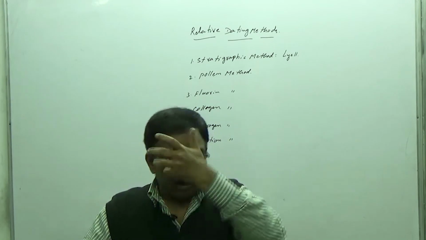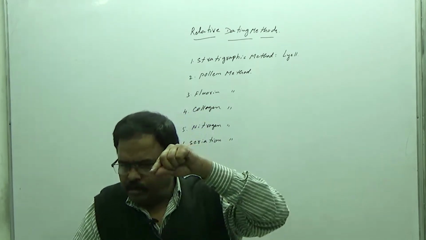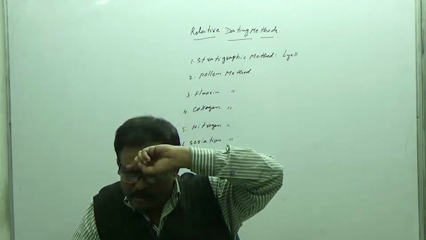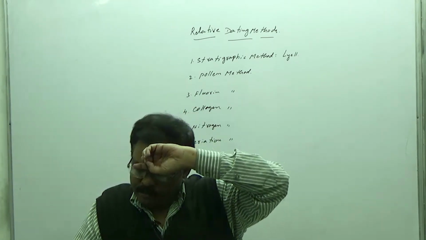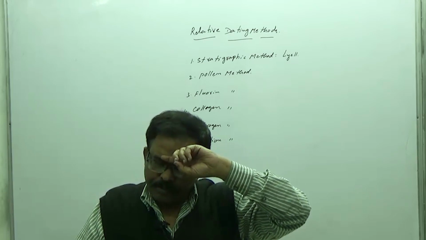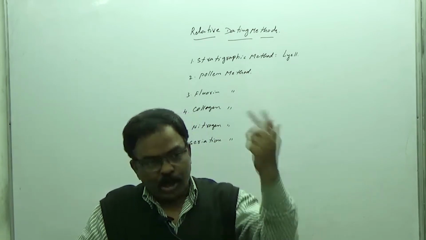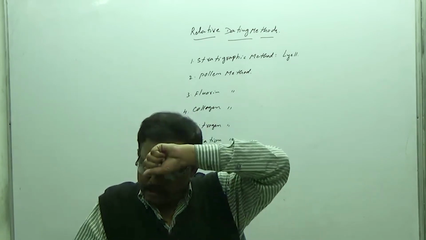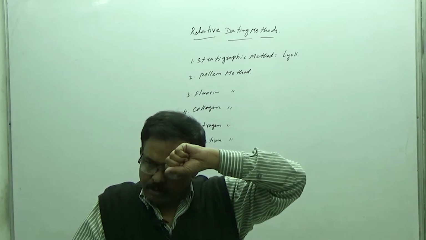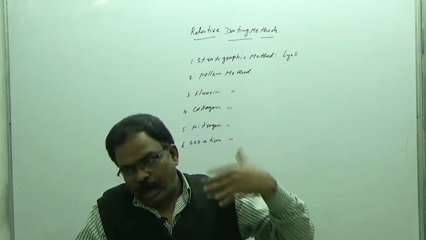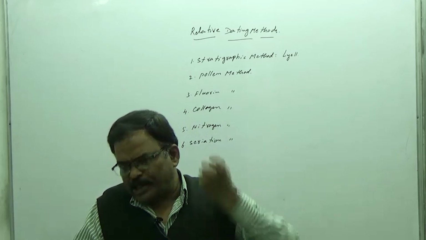C14 dating is useful when the atmospheric C14 percentage is static. If it continuously goes on changing, then it is a problem. Why is the C14 percentage so flexible in the atmosphere?